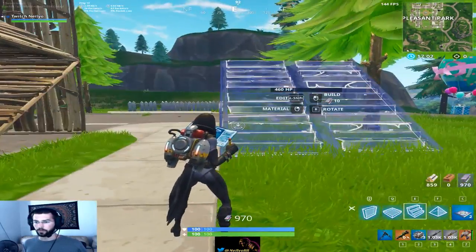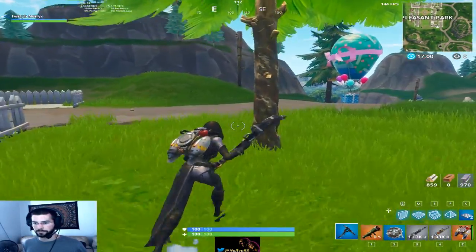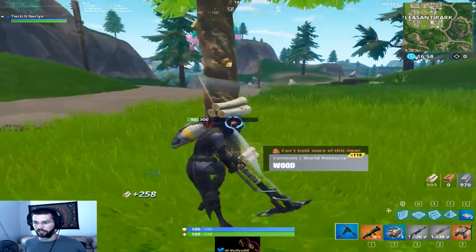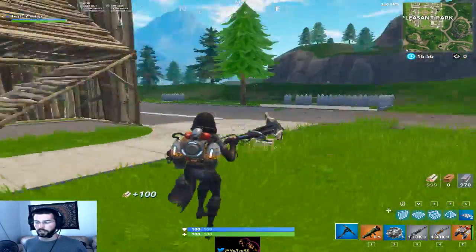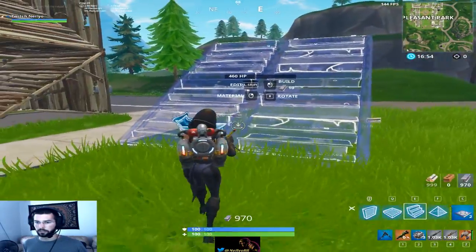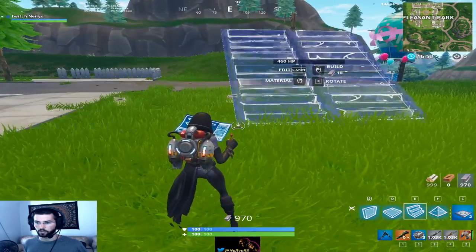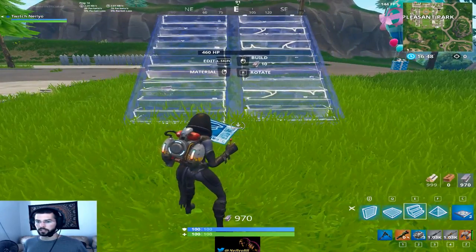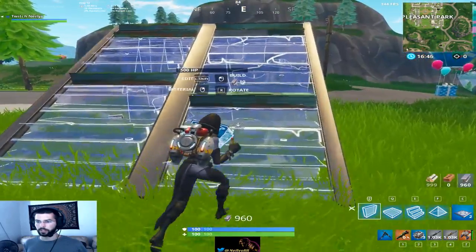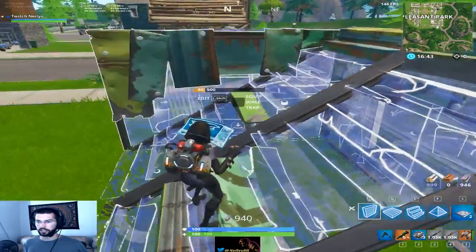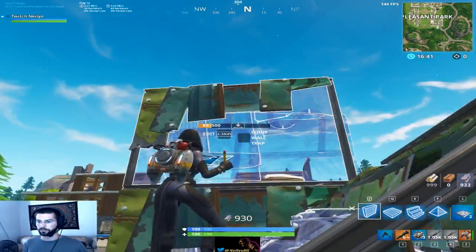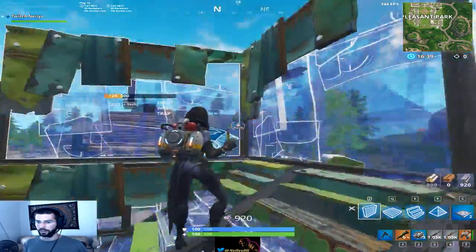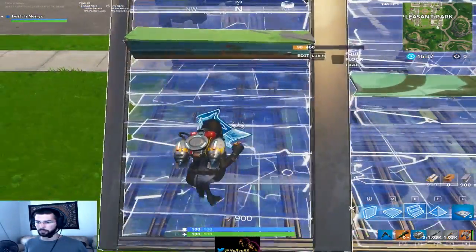Okay, so when I first saw this building pattern, I'll show you the way that I saw it being done, and this will help paint the picture of the way of thinking and what I would recommend. The guy went like this. He built here, the lower wall first, and then up, and then right, and then back to the left during the jump.